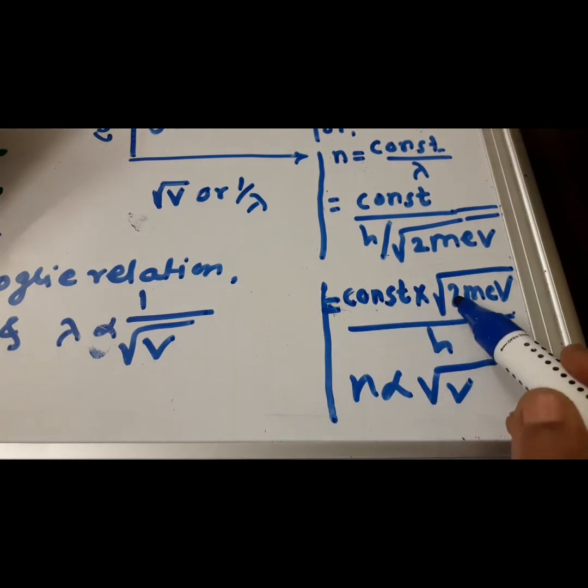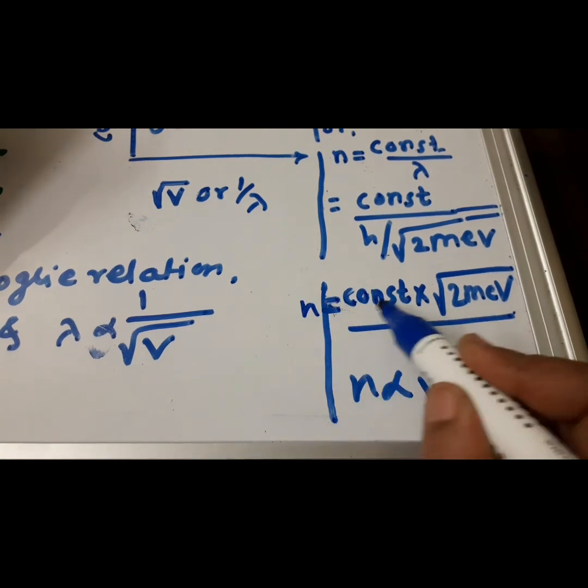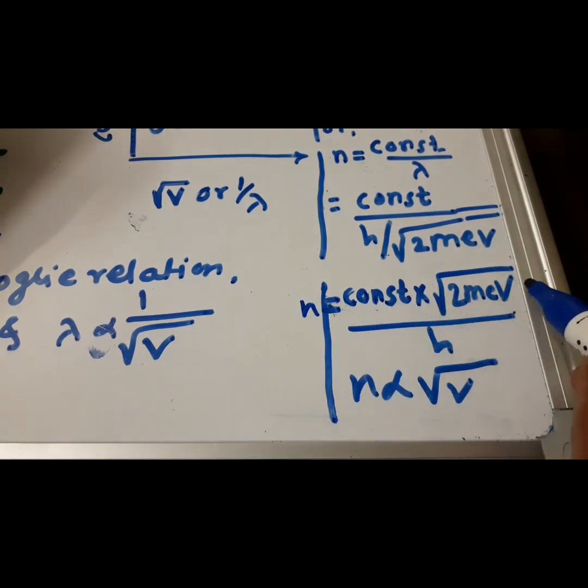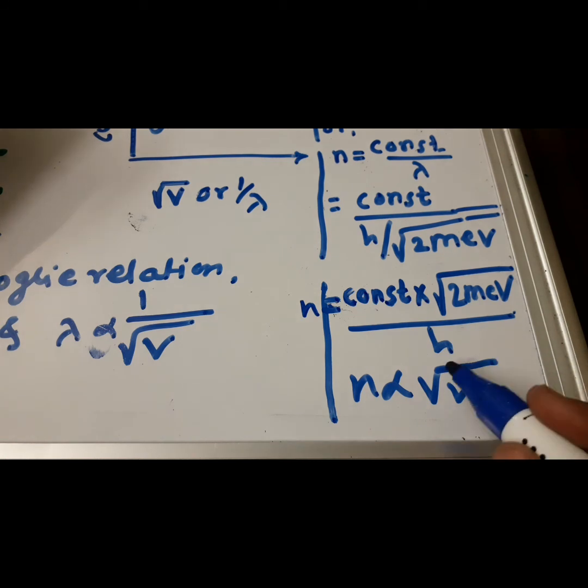So n is equal to constant into root of 2meV upon h, or directly we can say n is directly proportional to root of V, meaning the order of spectrum is proportional to the square root of applied voltage, and this is the particle nature according to the Davisson-Germer experiment.